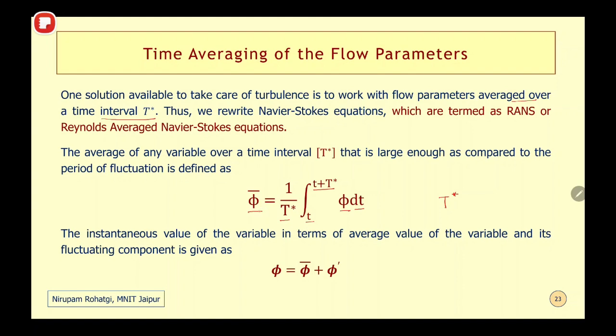phi will become an average parameter. So there is a parameter phi bar, which is the average over t star. So now you can write that phi is equal to phi bar plus phi prime, and this can be shown on the graph like this.